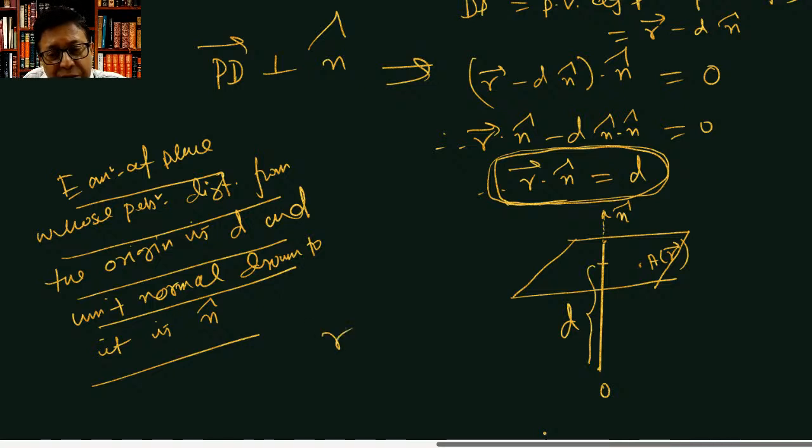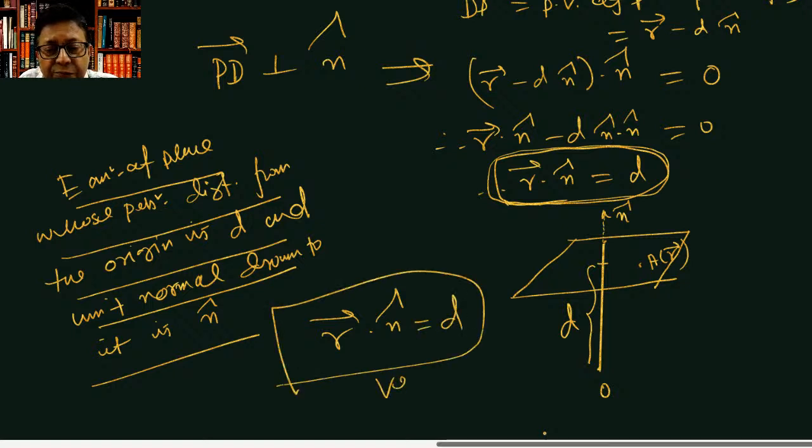Then the equation of the plane is R dot n cap equal to D. This is the vector form of a plane.